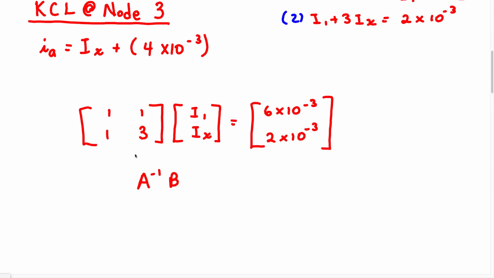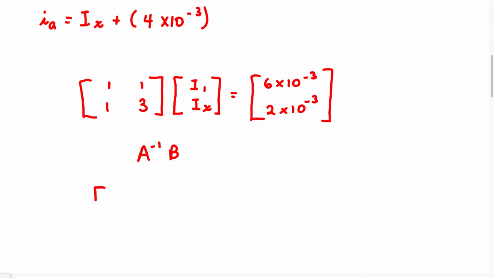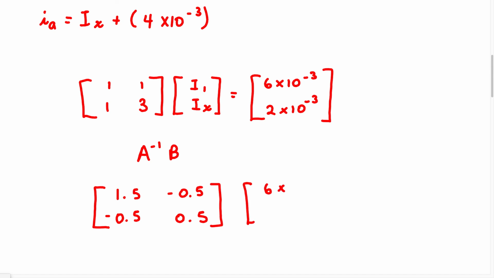Now when we put that in our calculators, so when we take the inverse of this matrix, we're going to get 1.5, negative 0.5, negative 0.5, 0.5. And remember, you're going to be multiplying this by matrix B, which is 6 times 10 to the minus 3, 2 times 10 to the minus 3. Okay, now when you do that, you're going to get the answer.